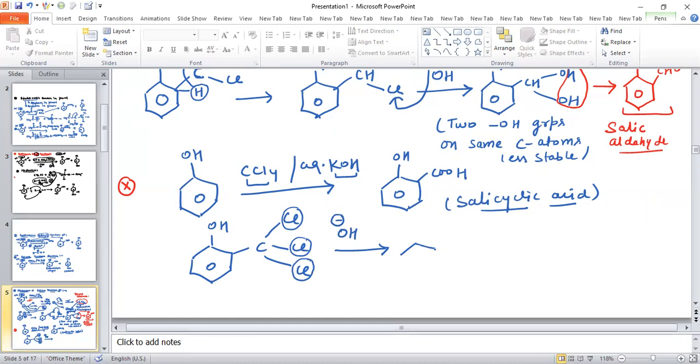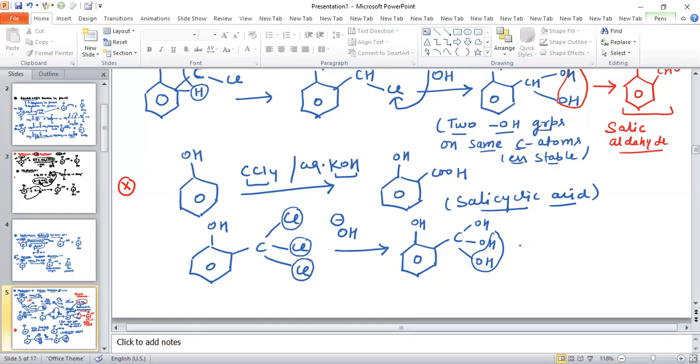So it will form OH and C, and C with OH groups. This is also having OH and this is also having OH. So water is removed, because two or more than two OH groups on the same carbon atom is less stable.